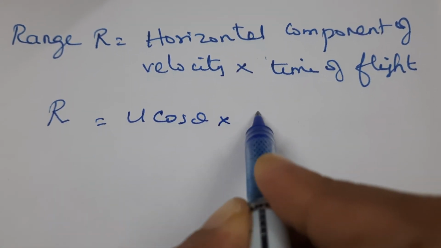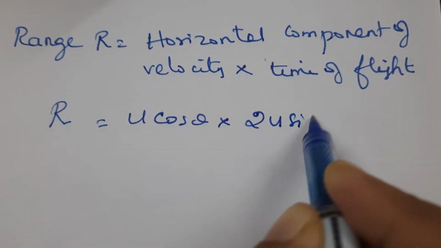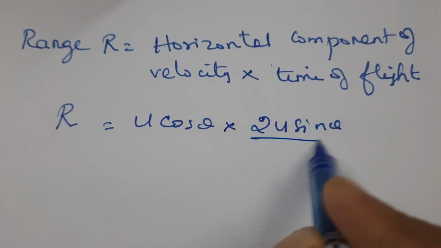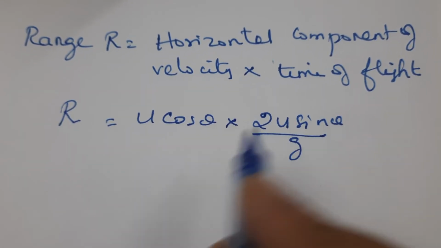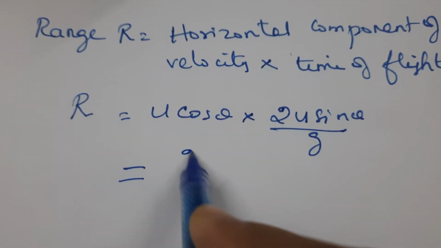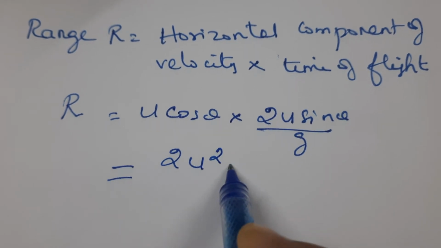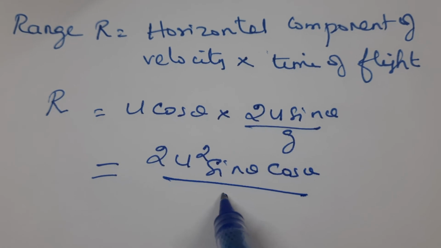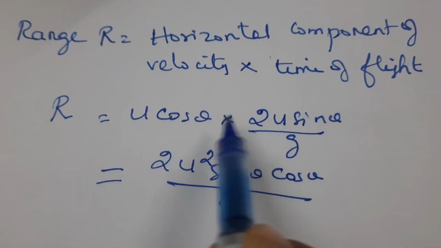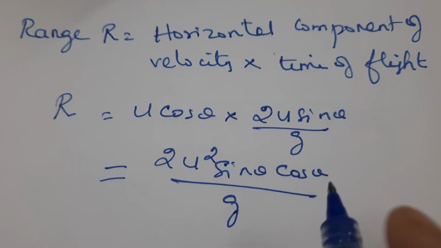What is time of flight? 2u sin theta by g. So u cos theta into 2u sin theta by g can be written as 2u squared sin theta cos theta by g.